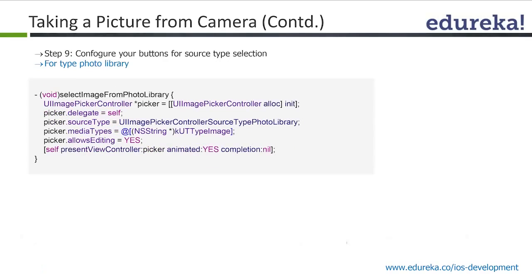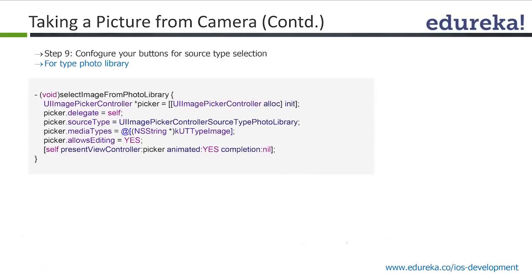The next one is selecting an image from the photo library. The major difference between selecting from the camera and selecting from the photo library is nothing but the source type. If you just change picker.sourceType to the photo library source type, the picker controller will take images directly from your albums.